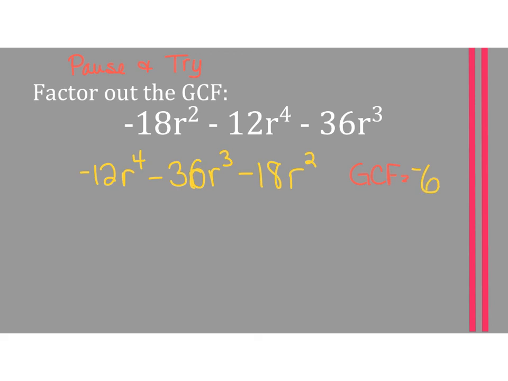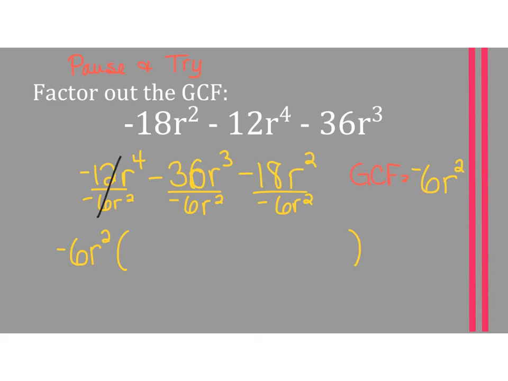Negative 6, and then I'm going to take the variable with the smallest power, negative 6r squared. So I put the negative 6r squared out front. And I'm going to divide each term by negative 6r squared. And let's see what happens.